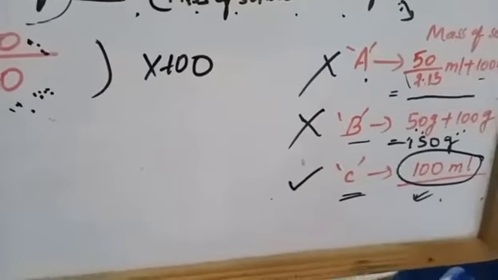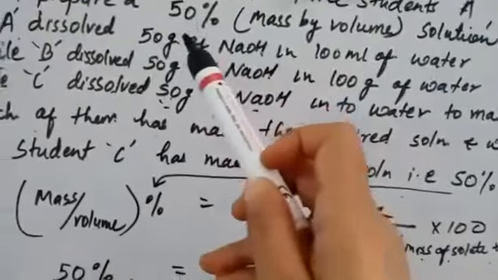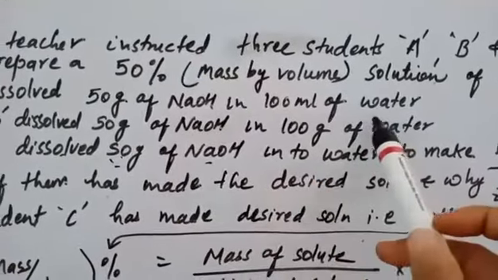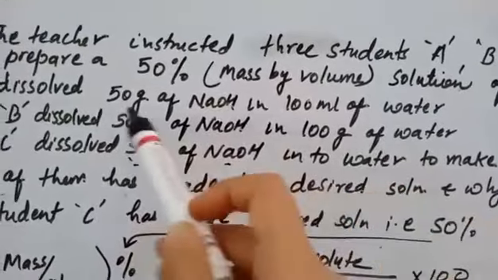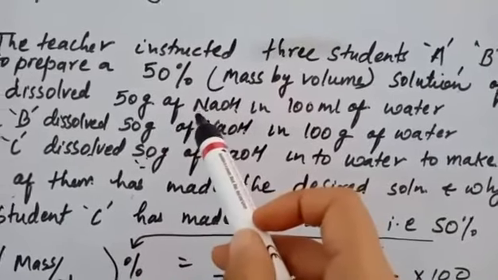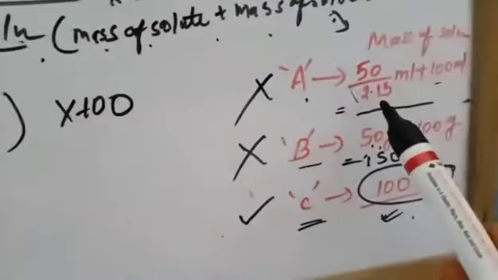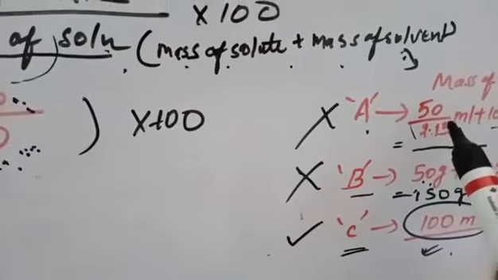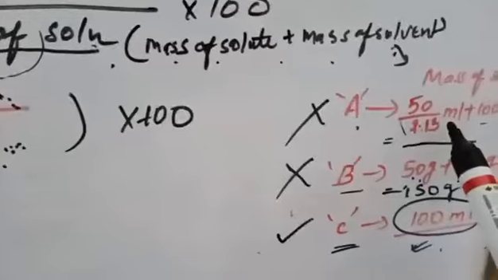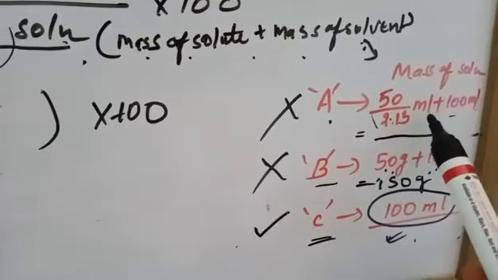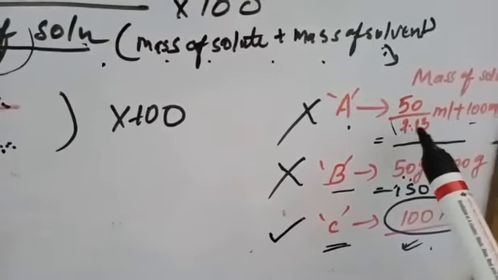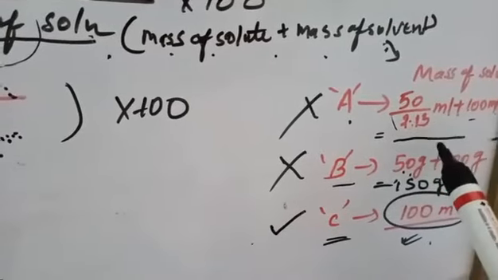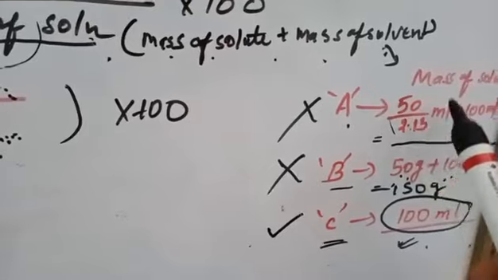Now I have to just tell you one more thing here. When you add 50 gram of NaOH in 100 ml of water, then how to calculate the volume of the solution? So here I have written, the mass of NaOH is 50 gram. We have to first convert it into volume, that is ml. So 50 gram divided by 2.13 gram per ml, we will get 50 by 2.13 ml.